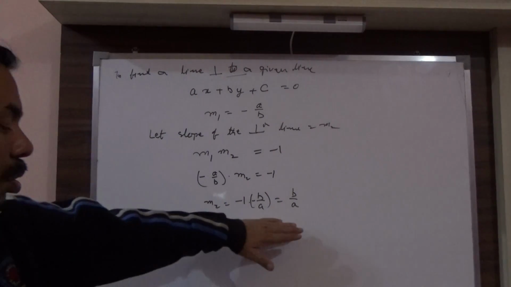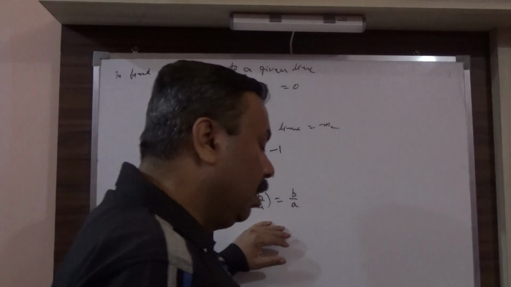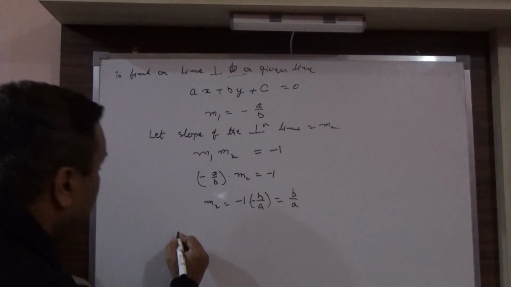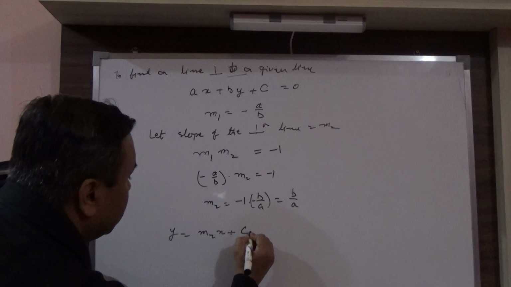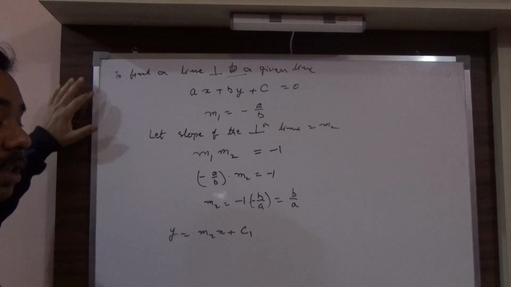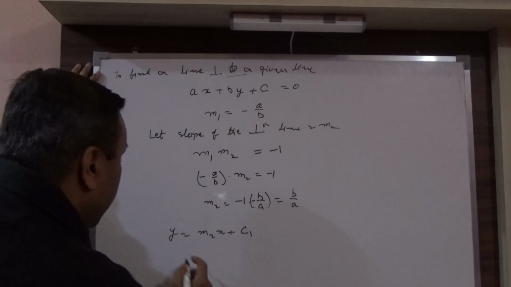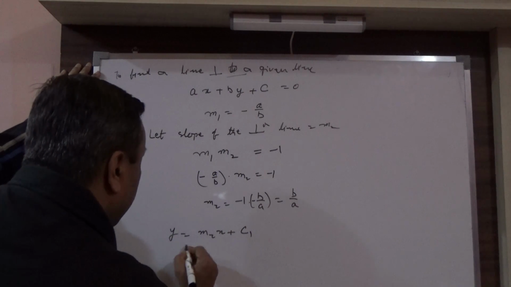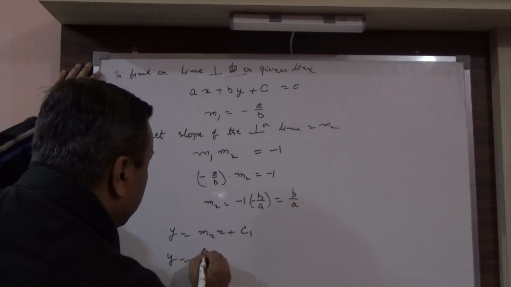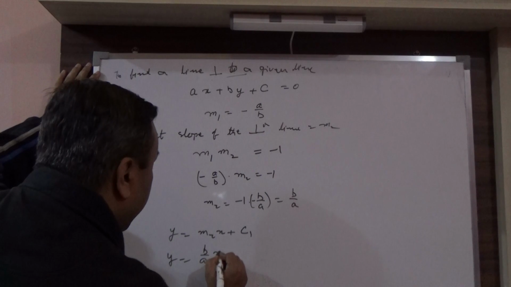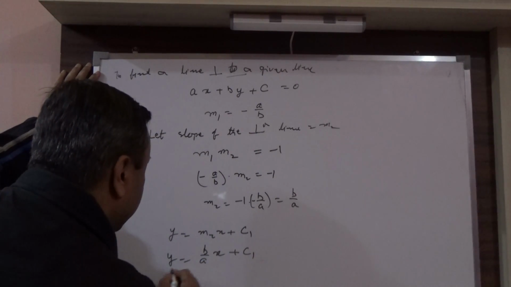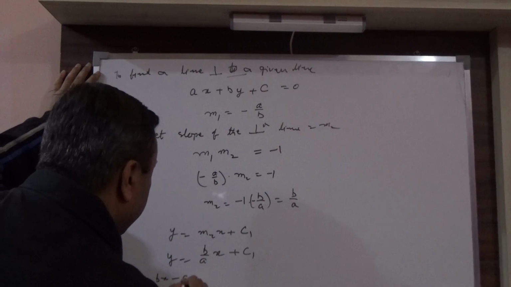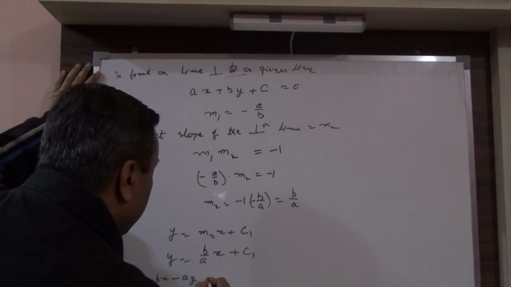If this is so, then what will be the equation? The equation will be y equal to m2 x plus c1. Let's take another constant, not the same. So this will be y equal to b over a x plus c1, or I can take it as bx minus ay plus c1 equal to 0.